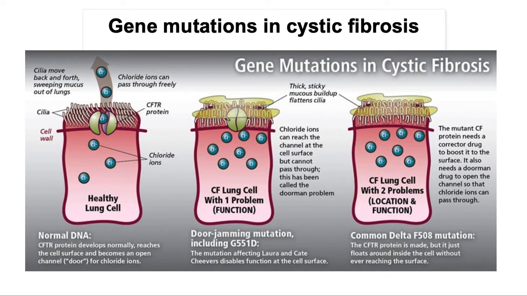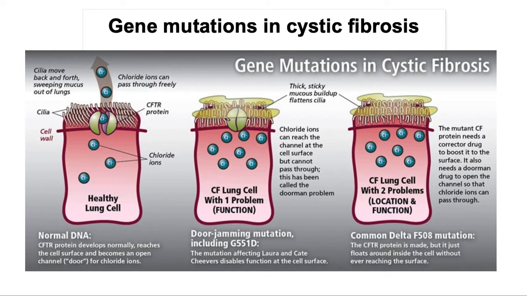The most common severe CFTR mutation is a deletion of 3 nucleotides coding for phenylalanine at amino acid position 508. This causes misfolding and total loss of the CFTR.